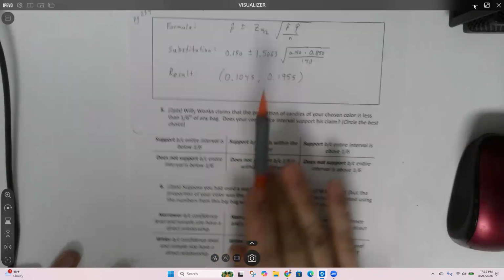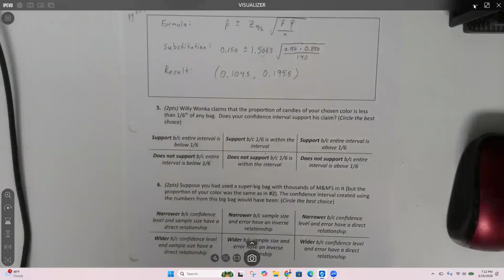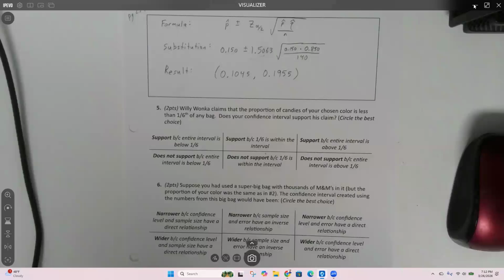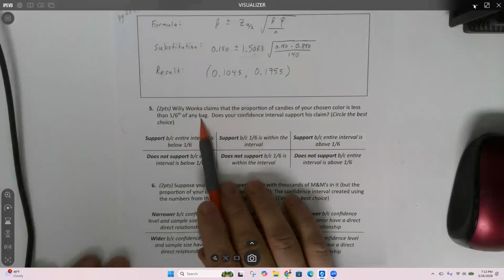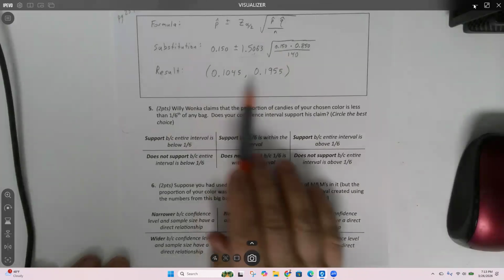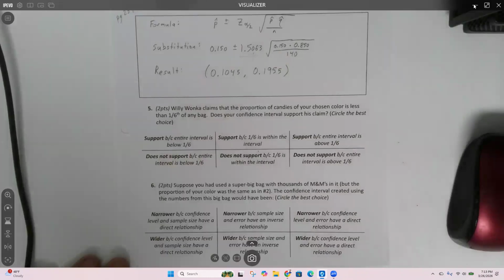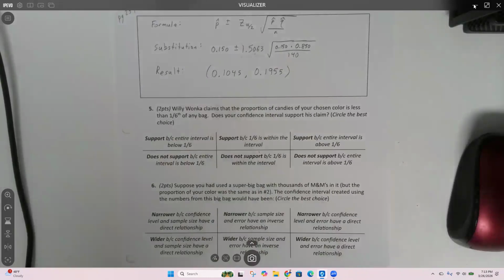So, question number 5. Willy Wonka claims that the proportion of candies of my color, blue, is less than 1/6. Jordan, you can write down either one. You don't need to do both. So Willy Wonka claims that the proportion of blue candies is less than 1/6.